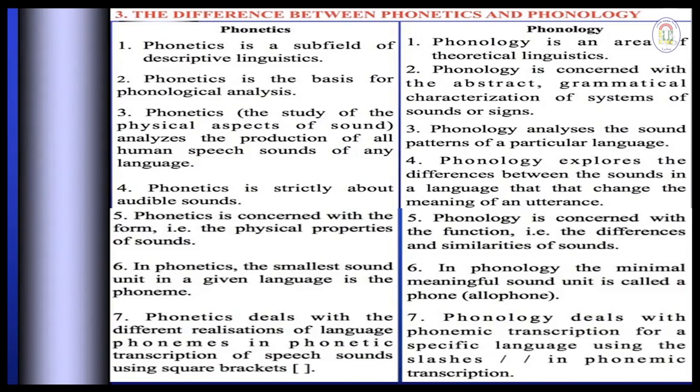For example, the word top. With the T, you feel like there is a puff of air. Top. This puff of air, we put it as a small h above the T. Okay? So when you pronounce, you put square brackets and the word within the square brackets. Take the word, for example, top. You put the T sound and the small h above the T. Okay?